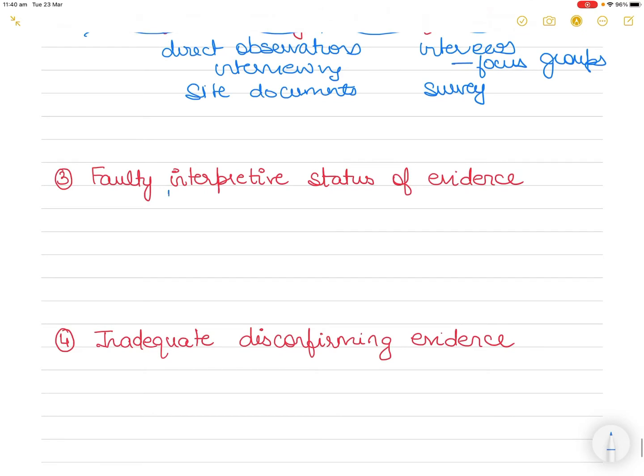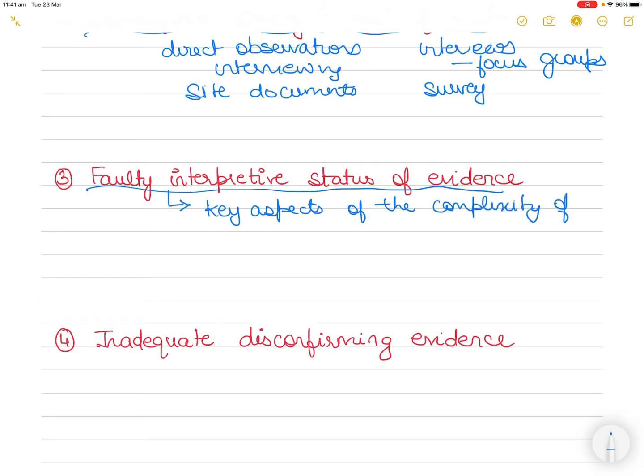The third kind of evidentiary inadequacy could be faulty interpretive status of evidence. What does this mean? This means that the researcher has failed to understand the key aspects of the complexity of action or of the meaning perspectives held by your research participants in the setting, due to inadequate time.